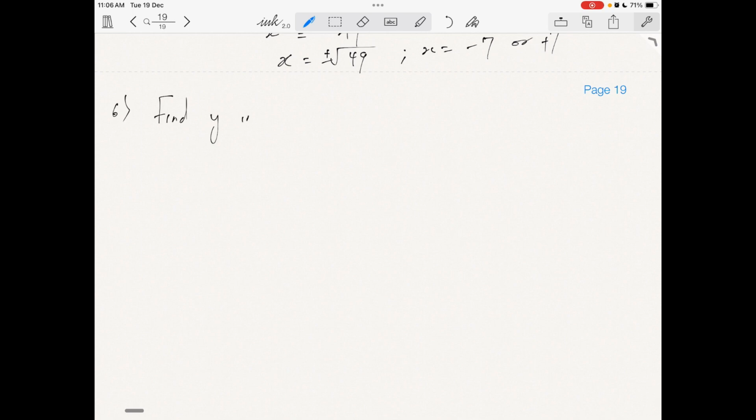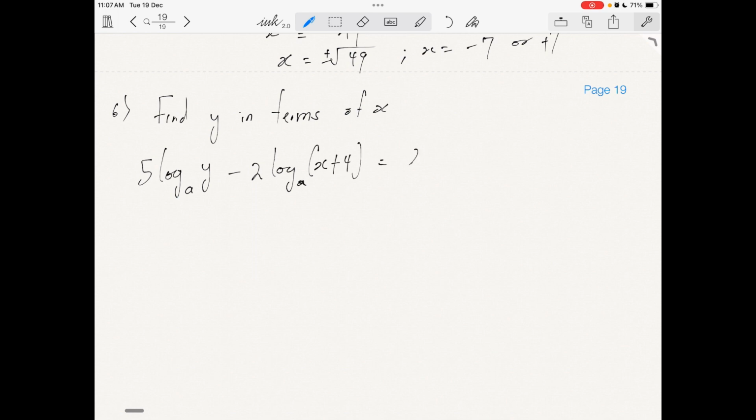Find y in terms of x, and we're given 5 log a y minus 2 log a into x plus 4 is equal to 2 log a y plus log a x.